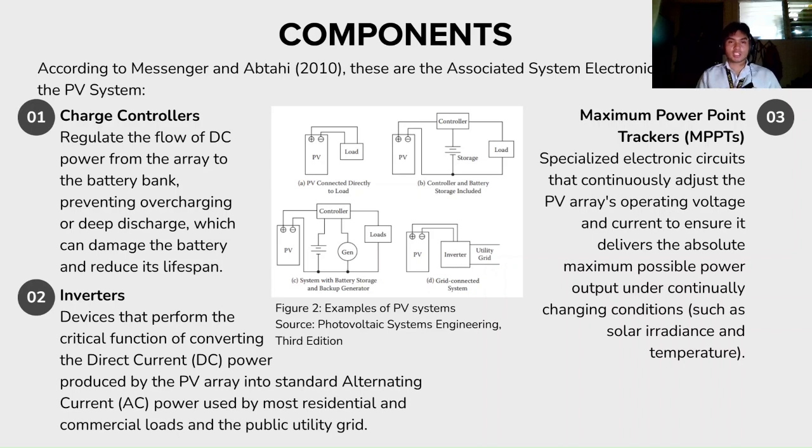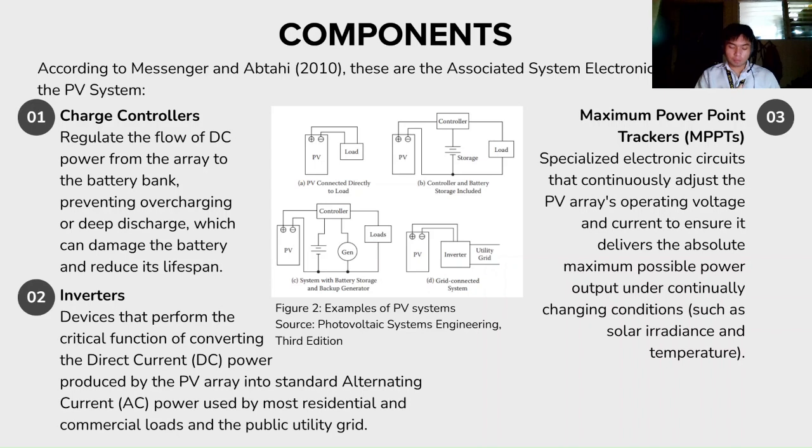So since this battery is at 60, it's near that overcharging, so the charge controller will limit that flow of DC. Let's try to charge slowly so it will not actually go to overcharge. And when it actually reaches 90, then it's the job of the charge controller to not give the battery electricity, not give DC.